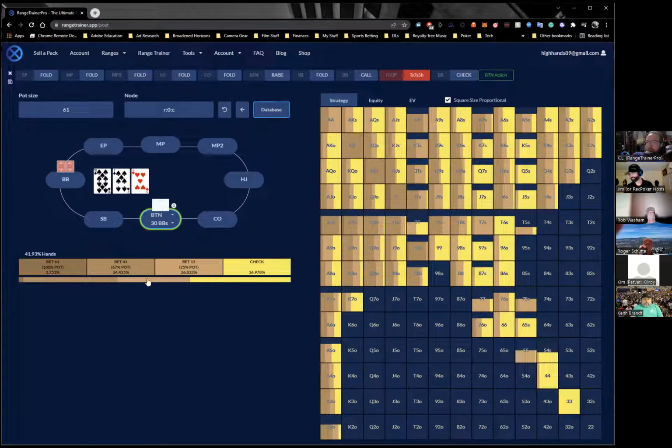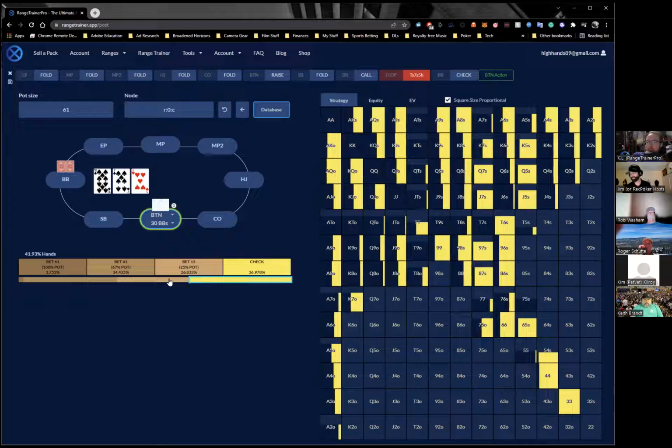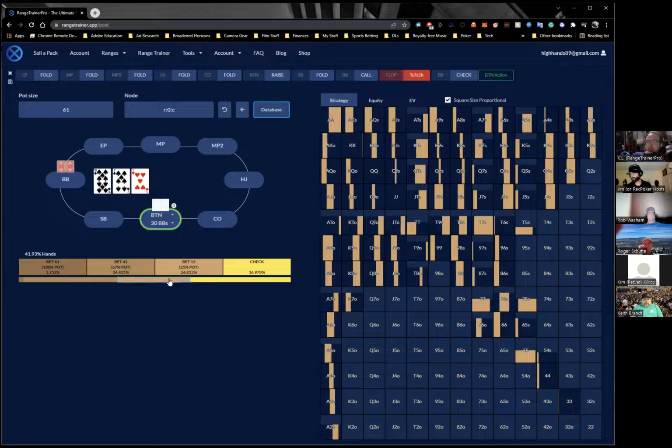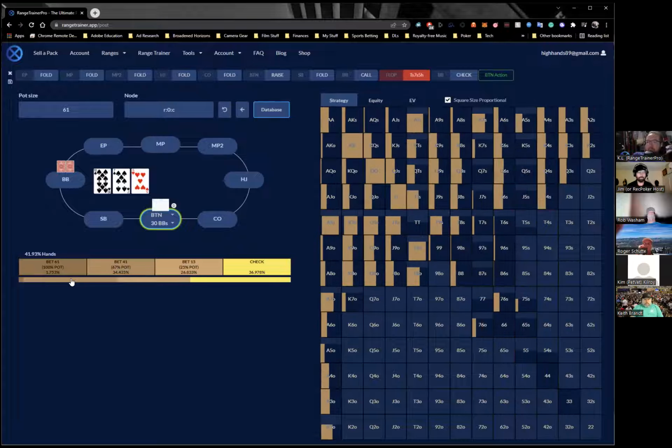Down here below each action button, you can click on the cover below the action, and it will highlight just that action in the range viewer. So you can see a visual representation of how often, like, oh man, what am I doing a two-thirds pot C-bet here with?